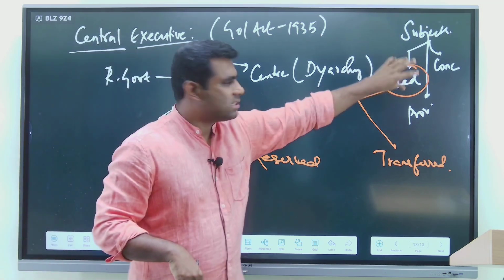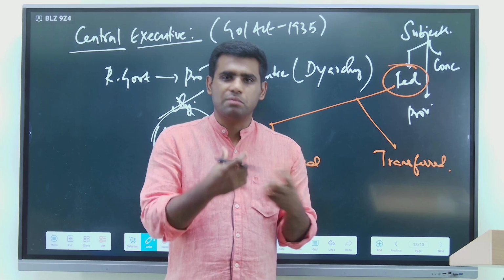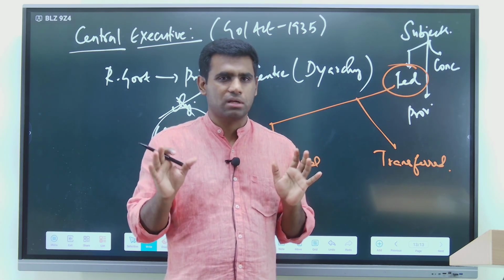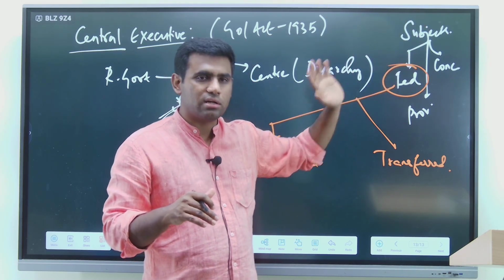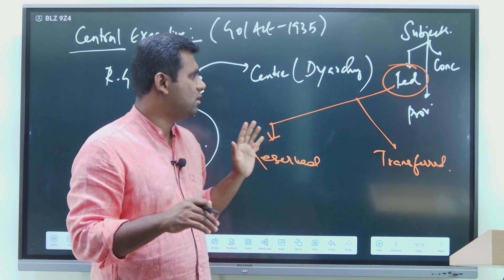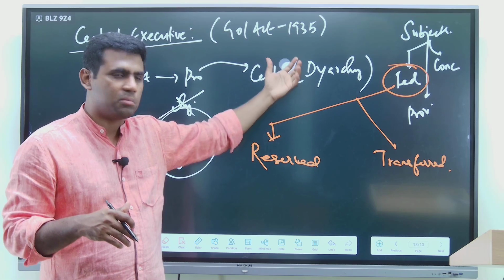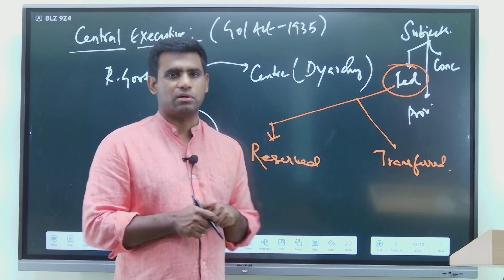So let's be very clear. The idea of federation means powers of legislation, powers of taxation have to be clearly earmarked between center and states, right? So that's why we have a clear list of subjects for central legislation, for provincial legislation. So among the subjects for federal legislation, now since diarchy is experimented, the subjects are divided into two categories: reserved as well as transferred, right?